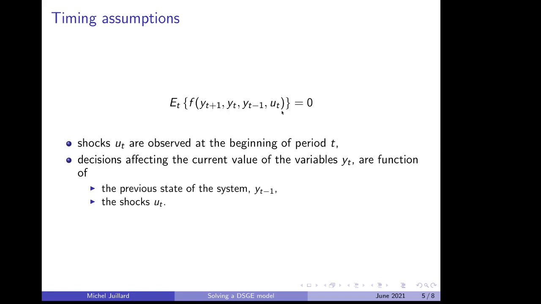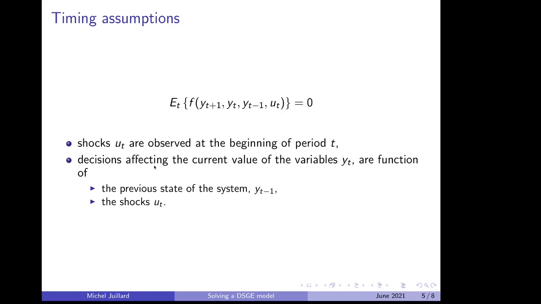Here the main assumption is that the random shocks ut are observed at the beginning of the period. Of course, all the past ut that don't appear here are known, and the past value of the endogenous variable is known as well.